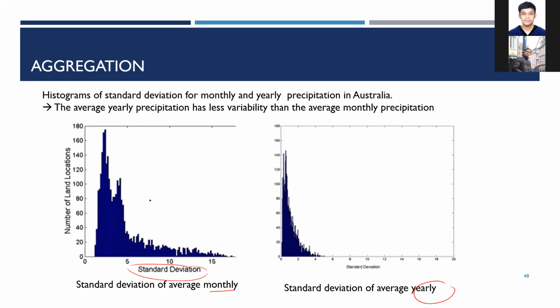Maybe the real data is like this for monthly data, but for yearly data, maybe more smooth. So it's easier for us to understand. And with yearly instead of monthly, we also have a high-level view because we have many years.